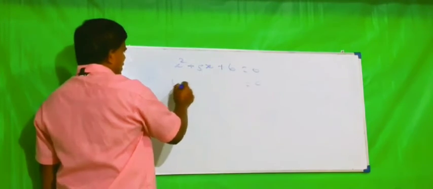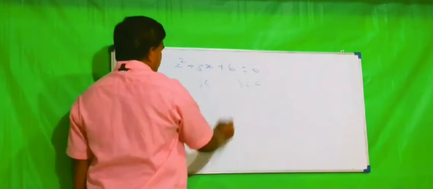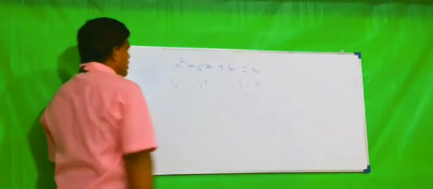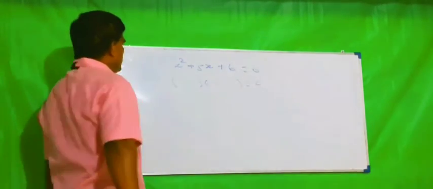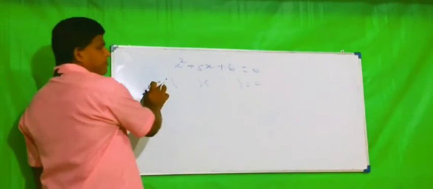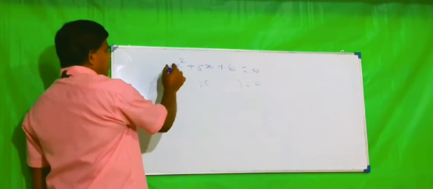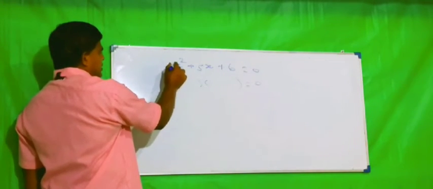Here the factors on the left side can be taken mentally in one step, if the coefficient of the square term is 1.